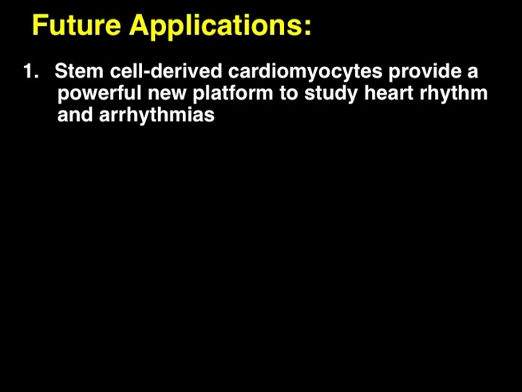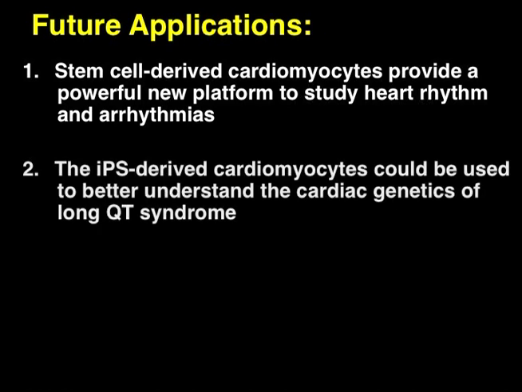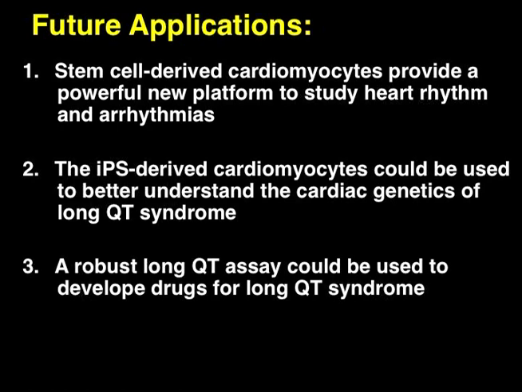But it also allows us to use iPS-derived myocytes to better understand the cardiac genetics. There are many different types of mutation, some of which are known, but maybe this will be a platform to understand some of those that are unknown. And then a robust long QT assay could be used to develop new drugs.